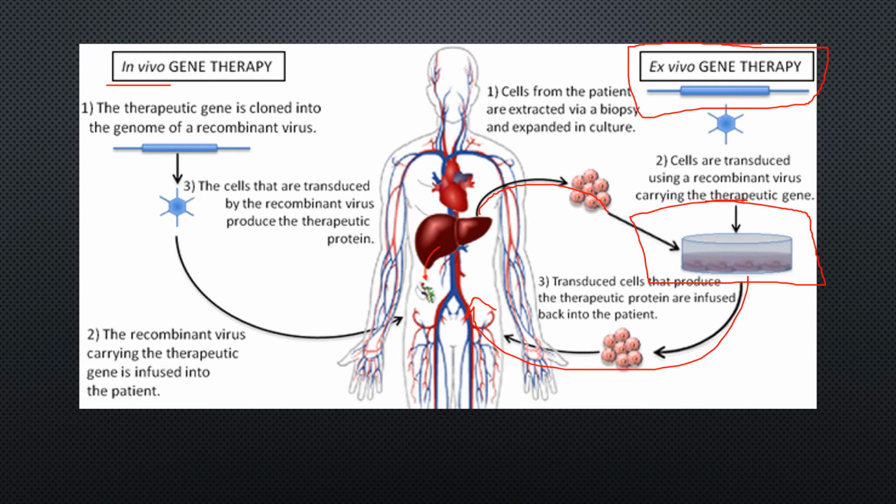That means the gene is cloned into the genome of the virus, and then we can put that virus directly into the body. Those cells are replicated, and when they are replicated, again, they produce the correct gene.